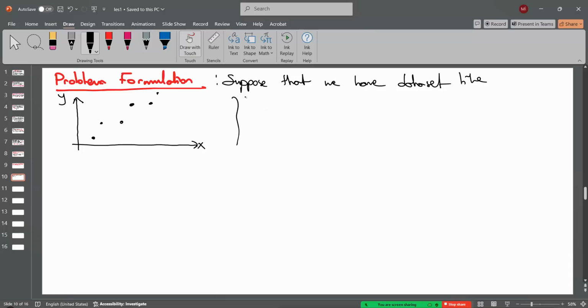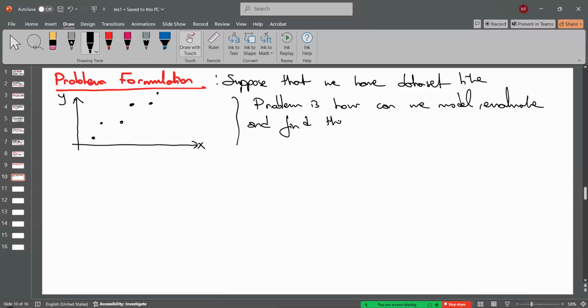Okay, and so the problem is how can we model, evaluate, and find the proper notation or notation of in this form. Now we know that we can use the minimization principle, right?